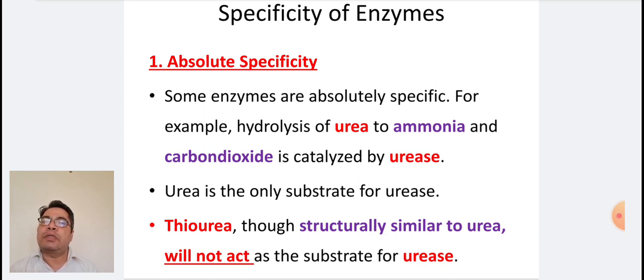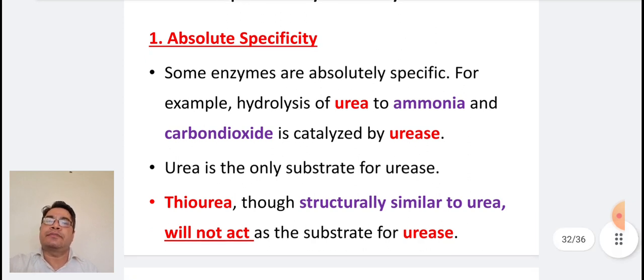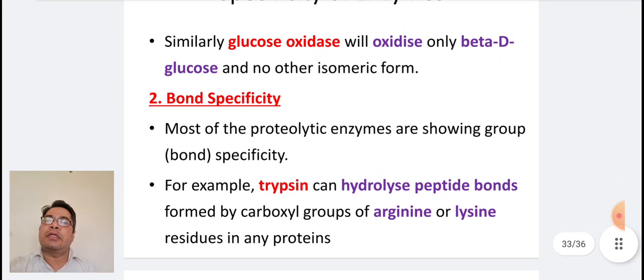Urea is the only substrate for urease. Thiourea, though structurally similar to urea, will not act as a substrate for urease. Similarly, glucose oxidase will oxidize only beta D glucose and no other isomeric form.